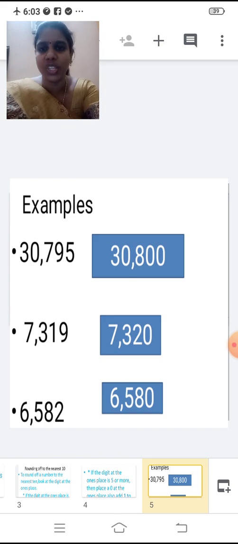What digit do I have at the tens place? 9. 9 plus 1 is 10. So I'm placing 0 here, and that 1 I'm carrying forward. So 7 plus 1, 8. So 30,795 is rounded off to 30,800.